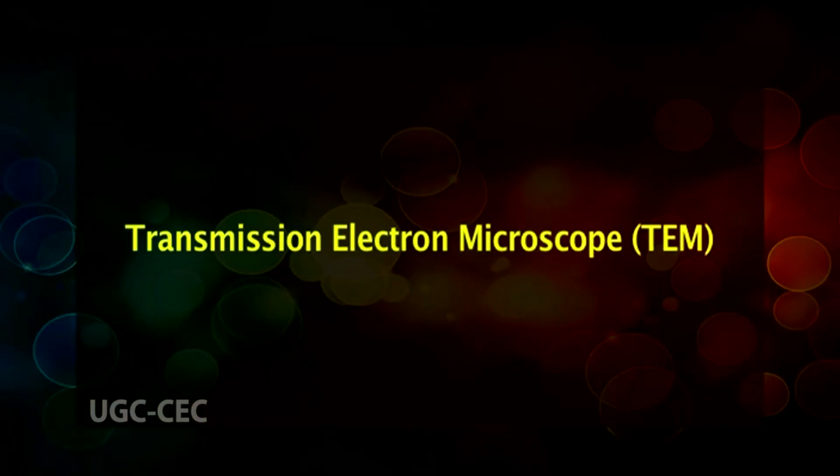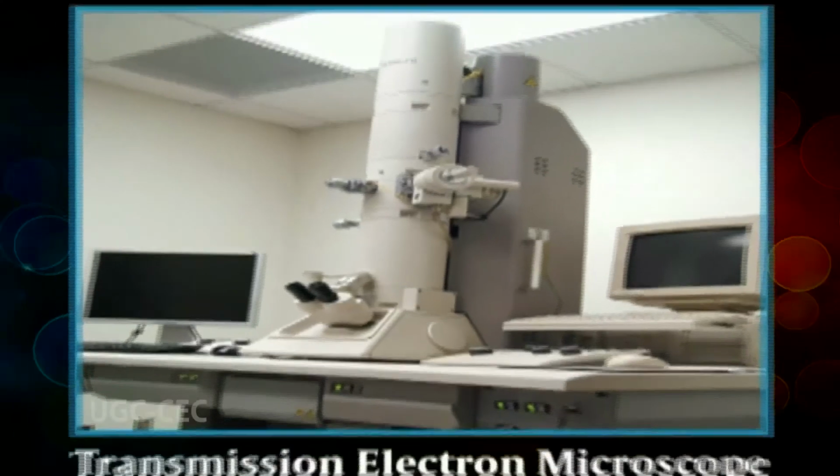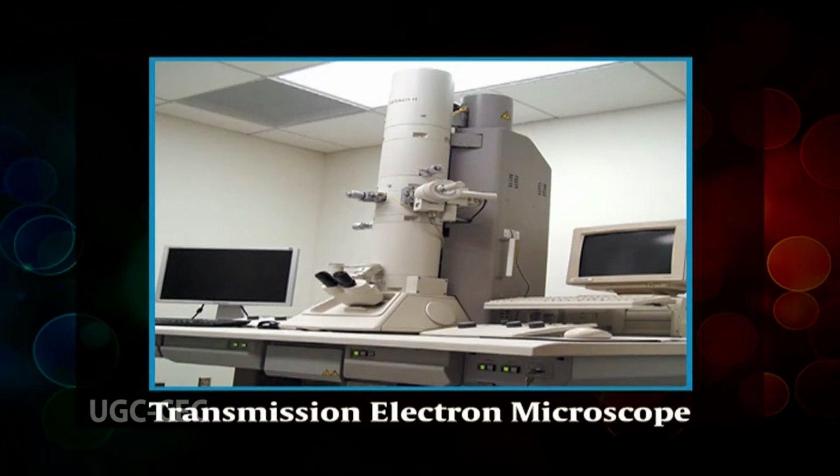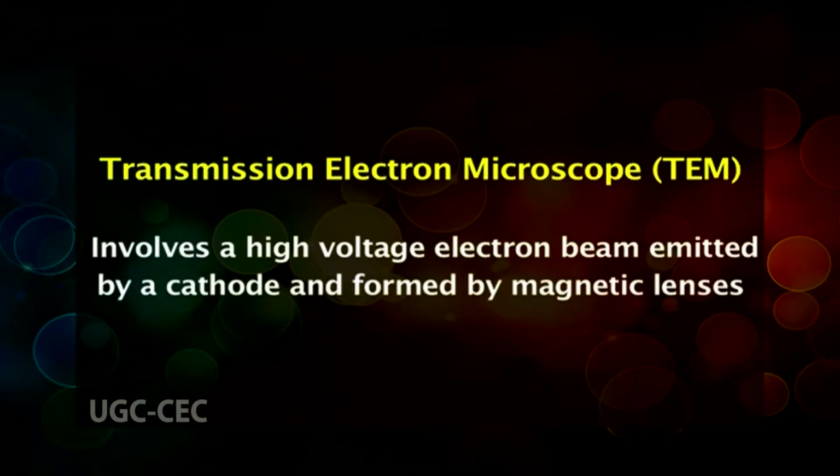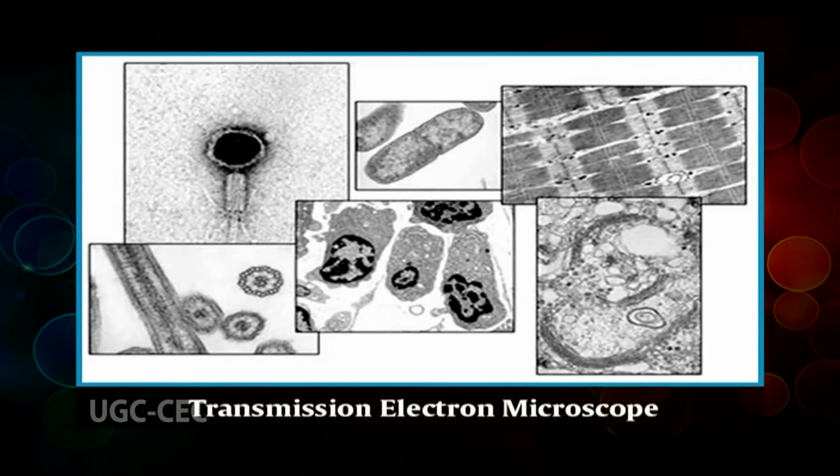Now, the transmission electron microscope. The original form of electron microscopy is the transmission electron microscope, which involves a high voltage electron beam emitted by a cathode and formed by magnetic lenses. The electron beam is partially transmitted through the very thin specimen, which carries information about the structures of the specimen.